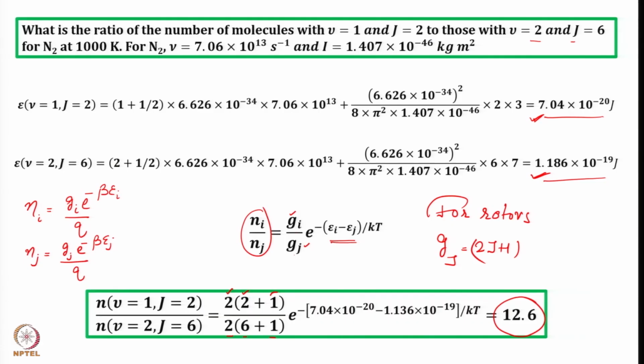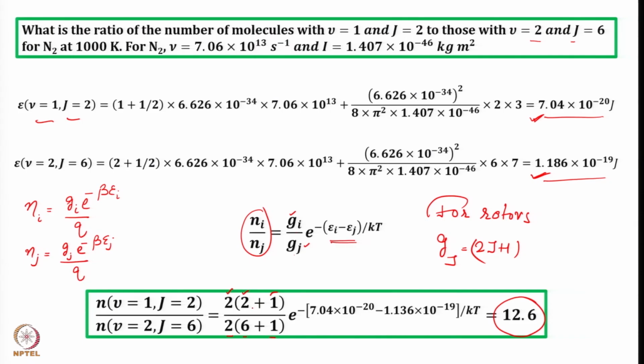You need to involve degeneracy and you need to include the differences in their energy states. First, you have to calculate the energies they are occupying. For v equal to 1 and J equal to 2, it was easy to calculate that it is 7.04 into 10 raised to the power minus 20. Similarly, for the second, it came to 1.186 into 10 raised to the power minus 19.